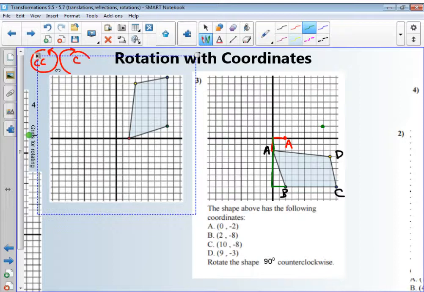There's my new green. And some of you are just going to physically look at this one and you're just going to count it off of this. You're going to say, I'm going to go over 2, then I'm going to go, and you're going to count it off of the one that you physically see because you're doing that physical rotation of the little slip of paper.